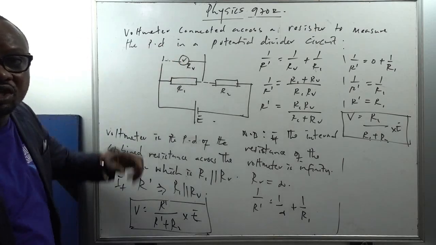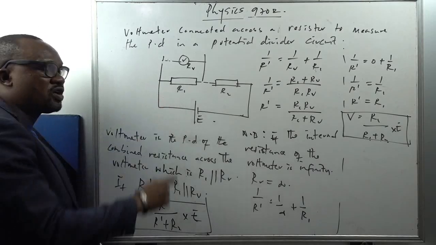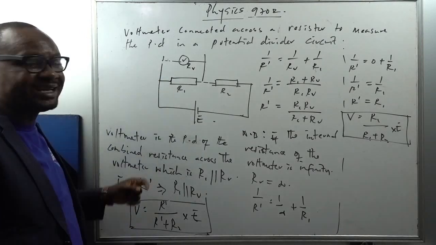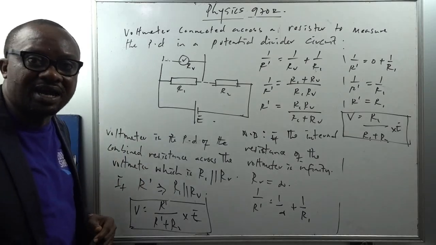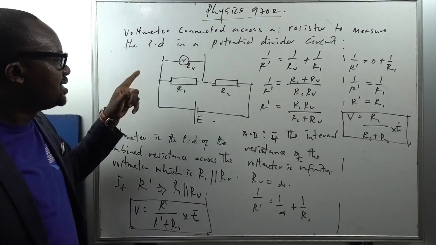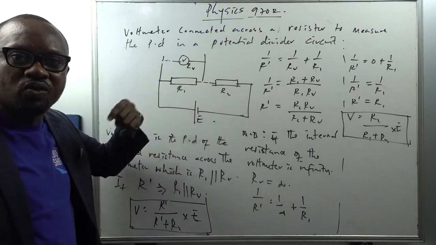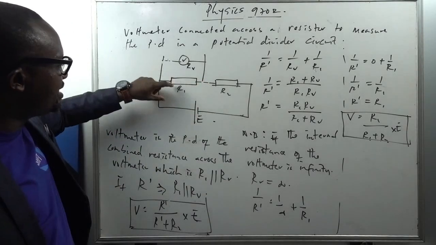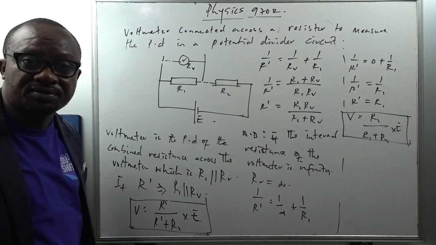So note, if the voltmeter has an infinite internal resistance, the voltmeter reading will be reduced to the PD across R1. In that case, the voltmeter is considered to be an ideal voltmeter because it is measuring the PD across R1 without its own internal resistance contributing to the combined resistance across R1.